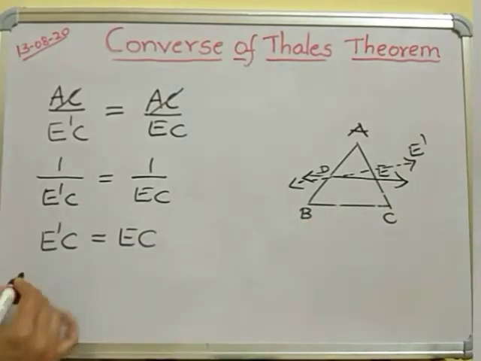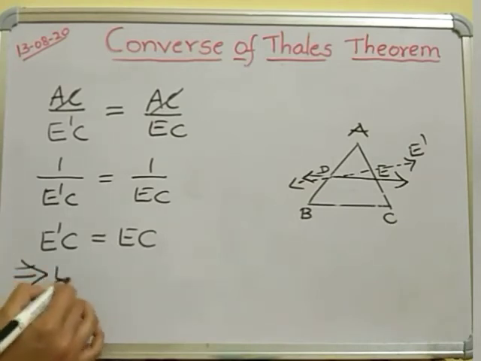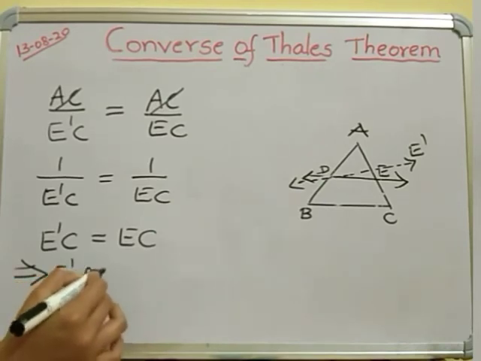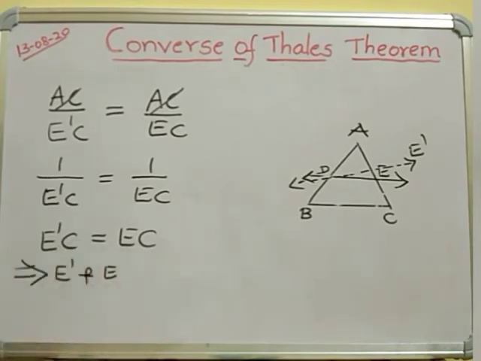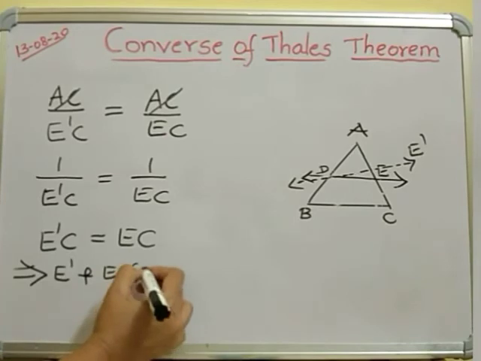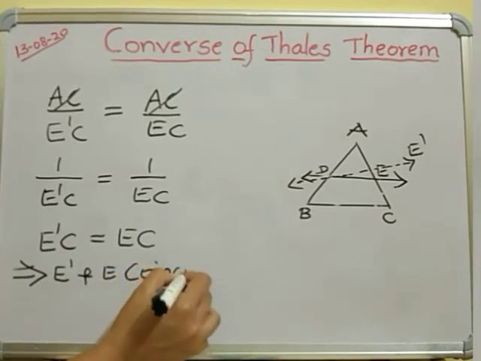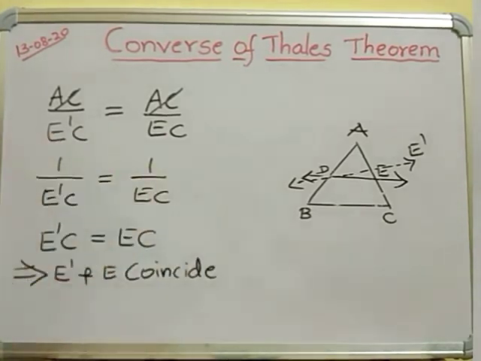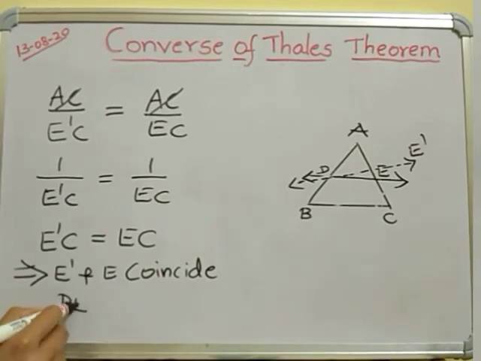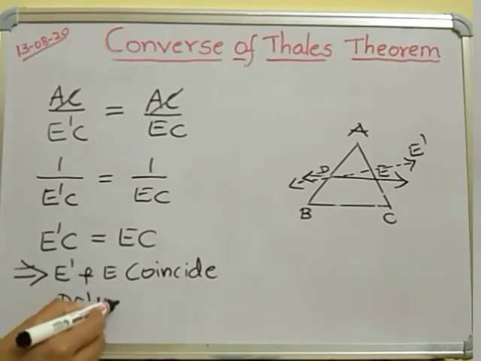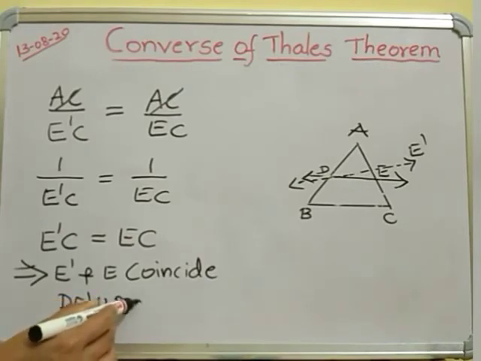Right? So this implies, do you remember this sign? Implies E dash and E coincide. Then we can say that DE dash is parallel to BC. This we have constructed.